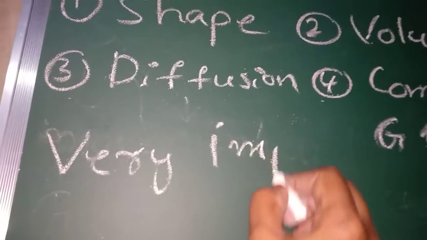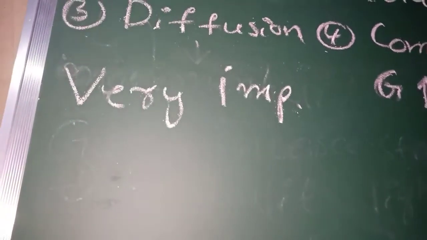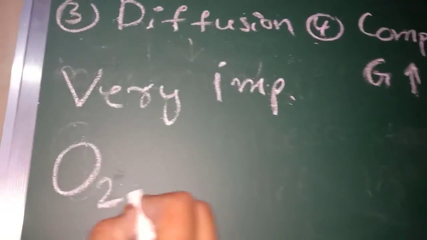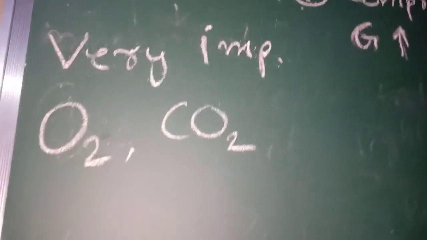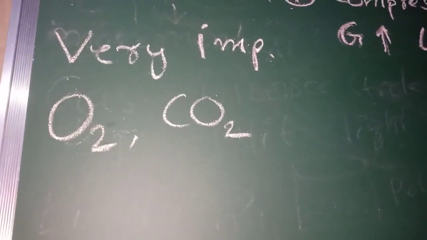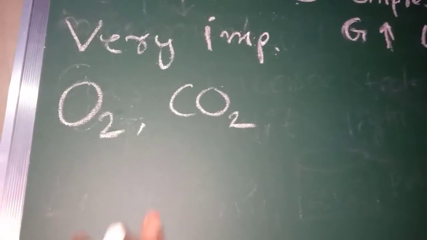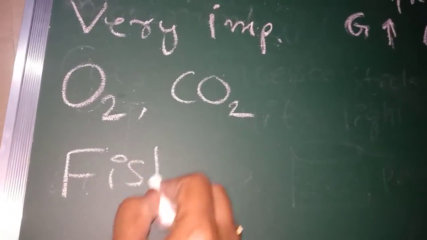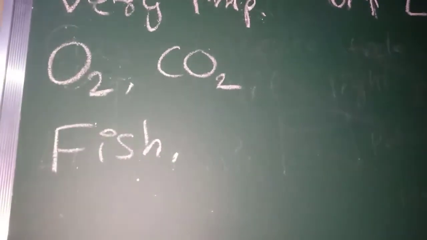Why is it important? Because the gases, mainly O2, that is oxygen, and CO2, that is carbon dioxide, diffuse in water. By this only, aquatic animals like fish and aquatic plants are living in the water.